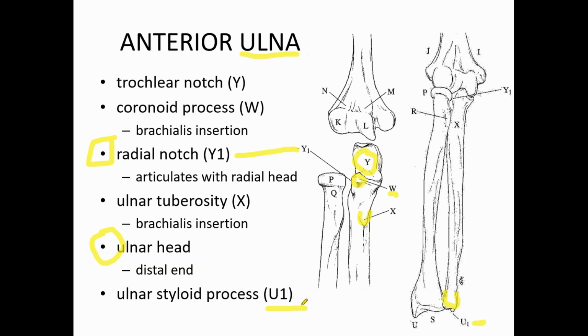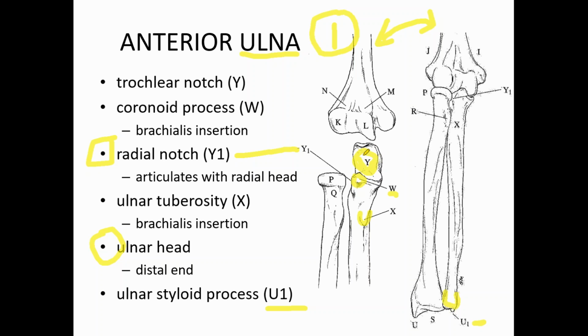Okay, so now you've had a day or two to let this stuff gel in your brain a little bit. The difference between these two images is that the image on the left, number 1, is a disarticulated view. That's how come we can see the trochlear notch.